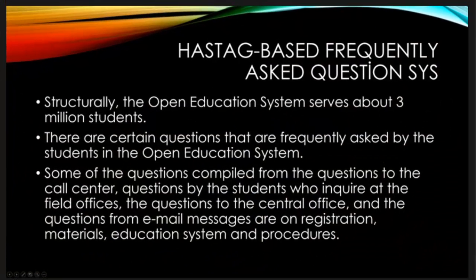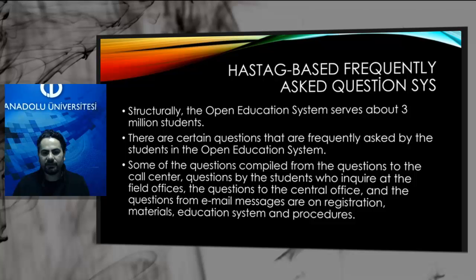About the hashtag-based frequently asked question system, the structurally open and distance education services have 3 million students, with active and passive students. These 3 million cover the active and passive: about 1.5 million are active and about 1.5 million are passive students. So there are certain questions that are frequently asked by students in the open and distance education system.